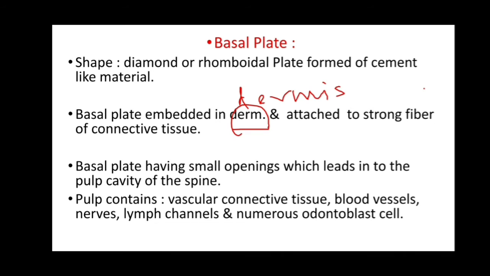The basal plate has a small opening which leads into the pulp cavity of the spine. Pulp contains vascular connective tissue, blood vessels, nerves, lymph channels and numerous odontoblast cells.